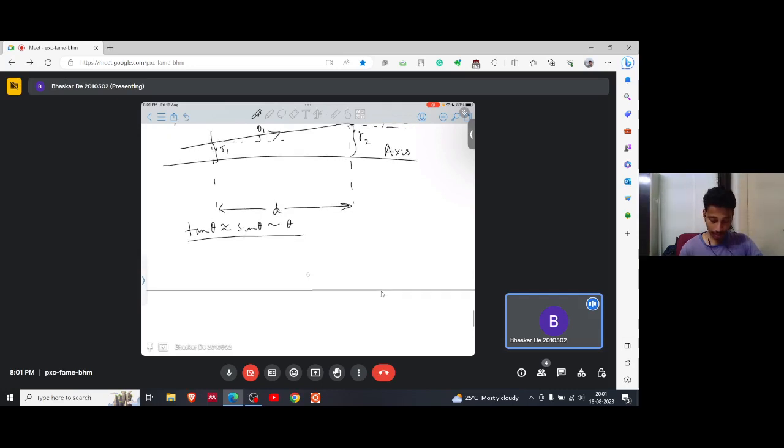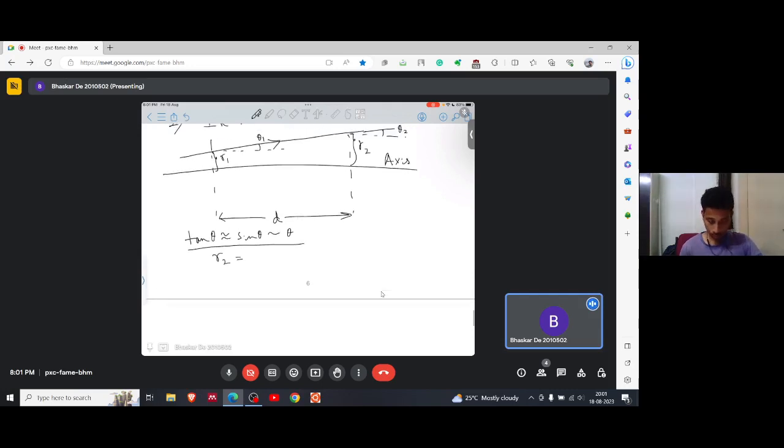Now from here we can write r2 equal to 1 multiplied by r1 plus d multiplied by r1 dash, and then r2 dash is equal to 0 r1 plus 1 r1 dash.